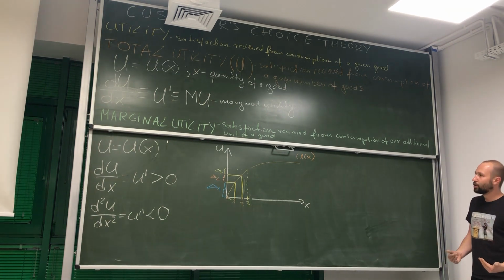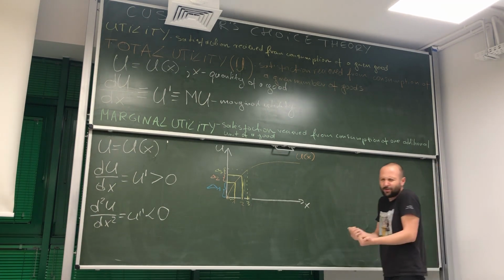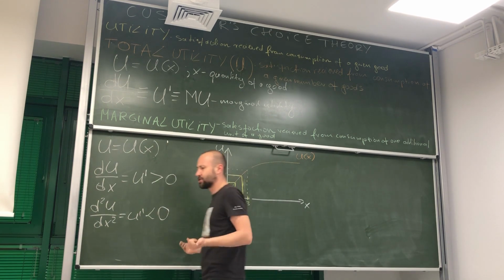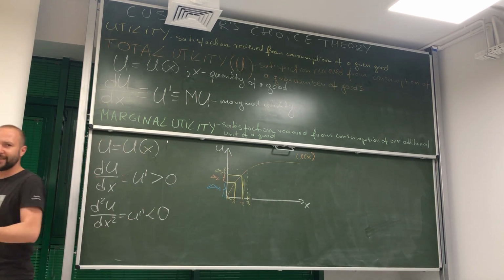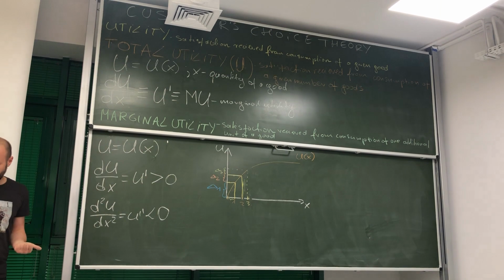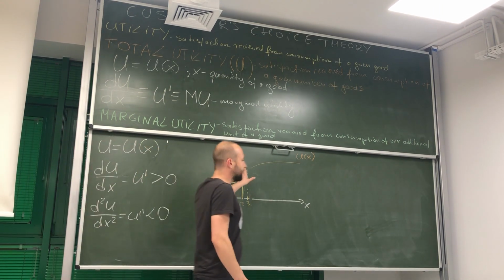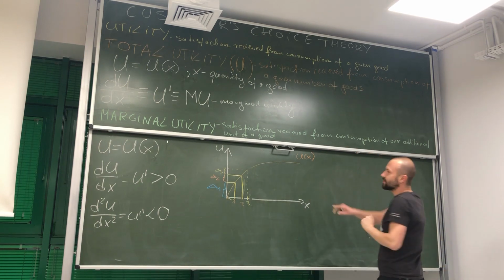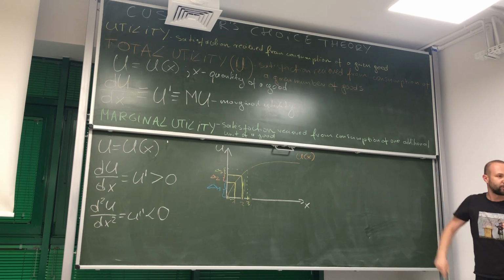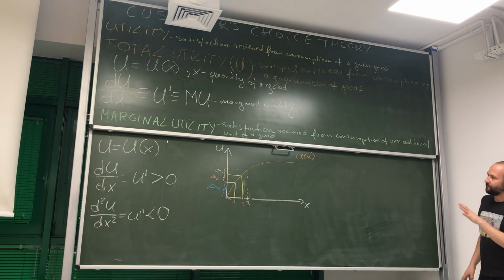At some moment, you will be full and you will not take any pleasure in eating one additional sandwich, right? So, this is why we have such a shape for total utility function.